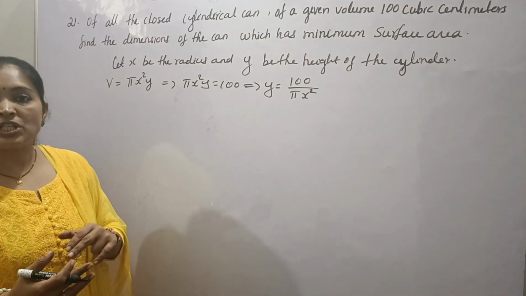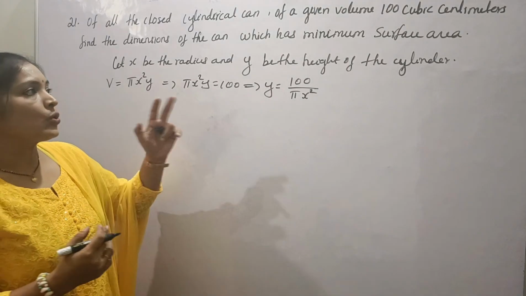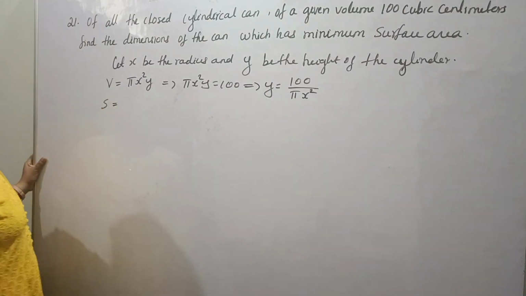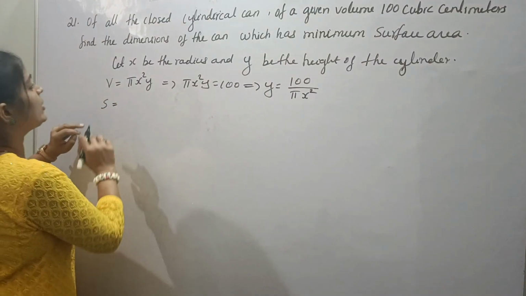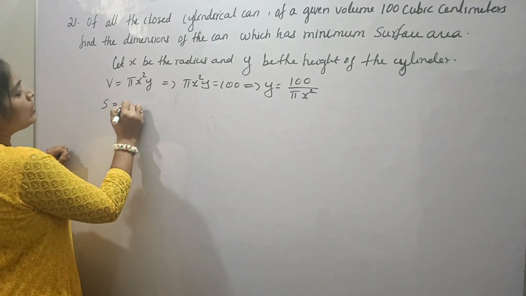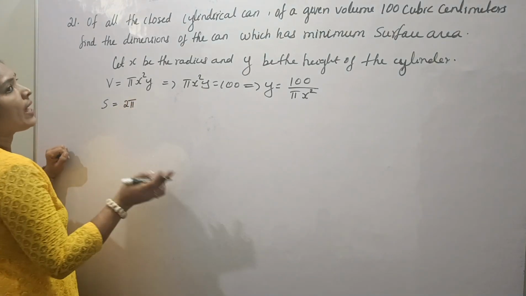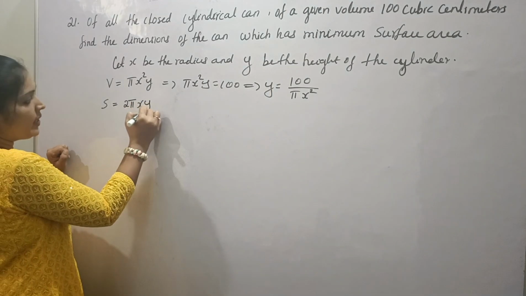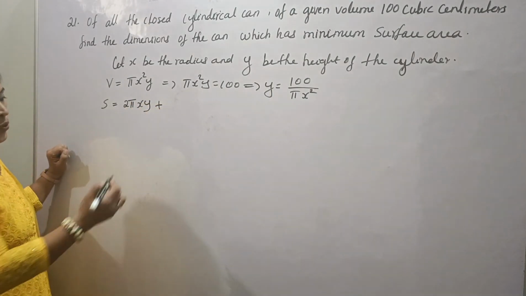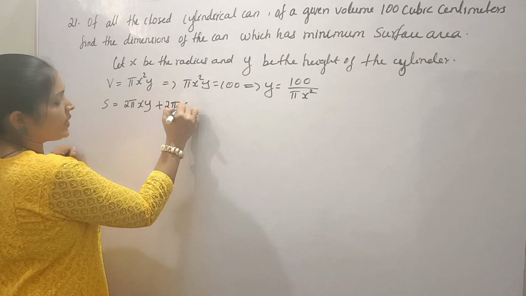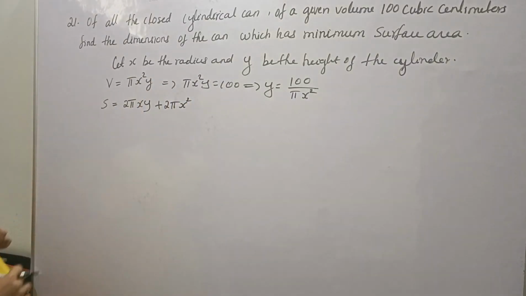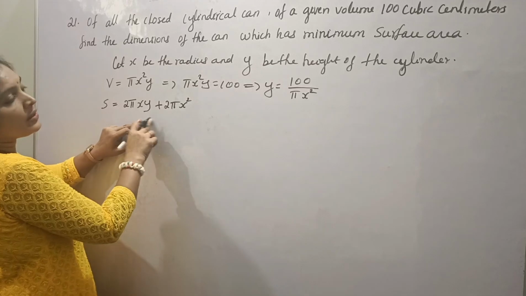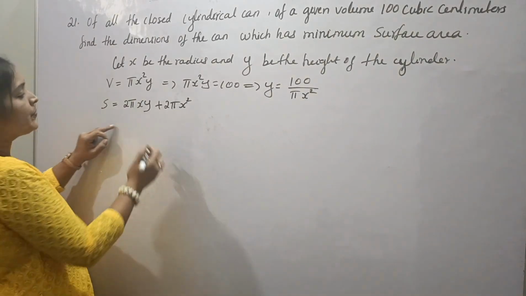Okay, so what is our function? Surface area. So here surface area is the function, right? So what is the surface area of the cylinder? Surface area of the cylinder is 2 pi rh plus 2 pi r square, that is 2 pi xy plus 2 pi x square. Here x is the radius of the cylinder. Okay, then substitute y because we need these terms in x, right?